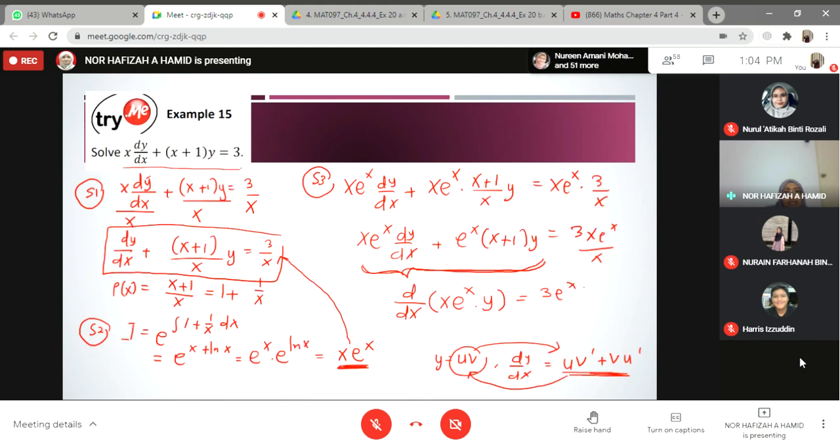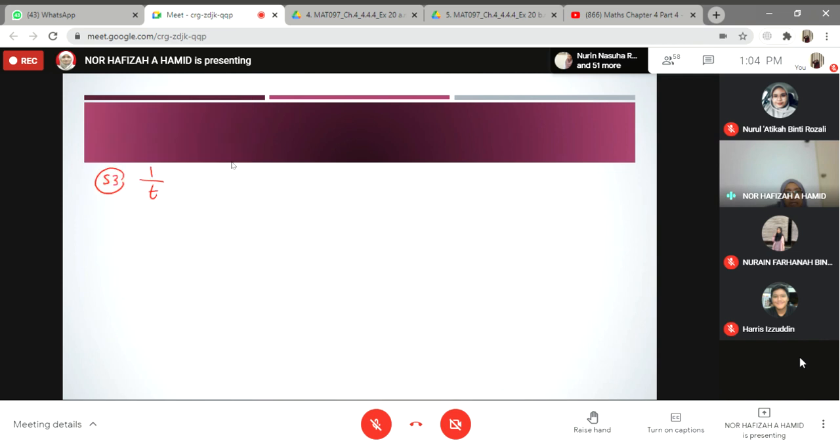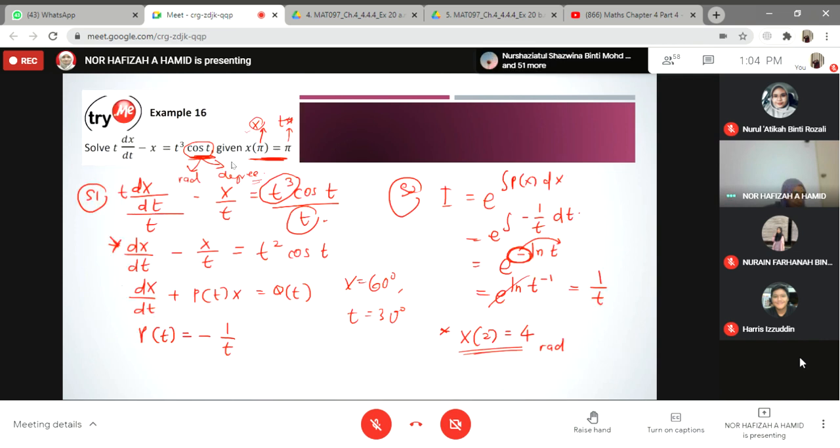Dia just function algebraic biasa, terus tak kisahlah mode calculator you tu. So kalau equation biasa, dia tak ada effect, sama je mode dia degree ke ataupun radian, so you akan dapat answer yang sama. Okay, dia kalau yang involve function trigonometric tu je, so you kena hati-hati lah. Okay, boleh? Boleh madam, thank you.